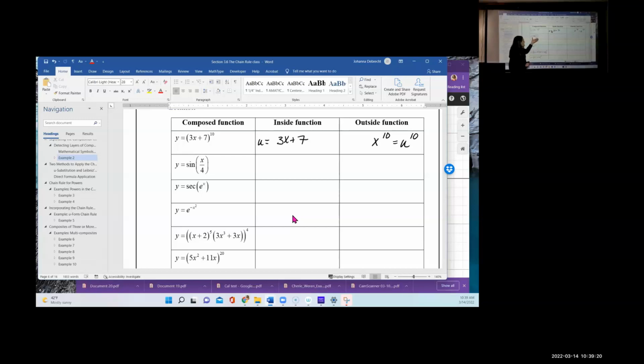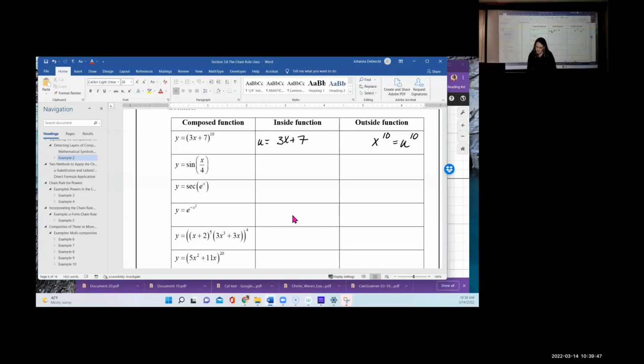Let's take a look at the next one. We're looking at sine of (x over 4). So when we look at sine of (x over 4), again, we have parentheses around the argument. Sometimes I write them, sometimes I don't. I'm not as good at it as I should be. I should write them all the time, but I'm kind of lazy sometimes, lazy mathematician. But the parentheses around the argument indicate that this is inside of a sine.